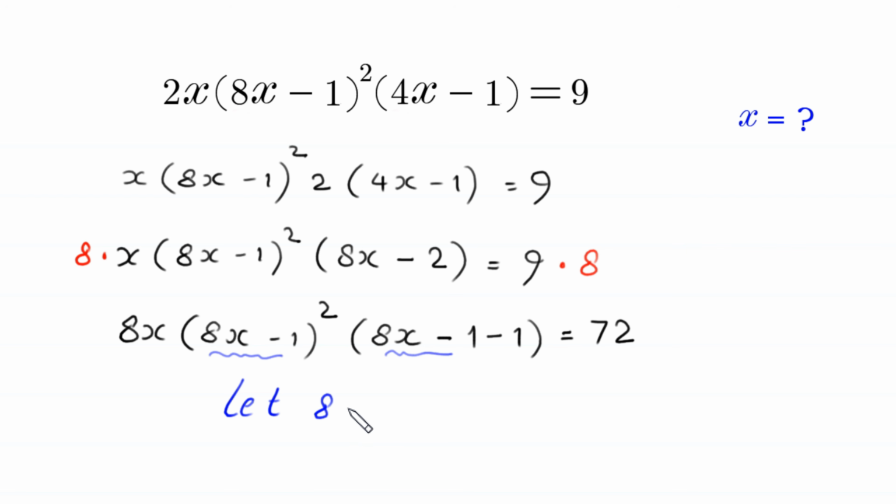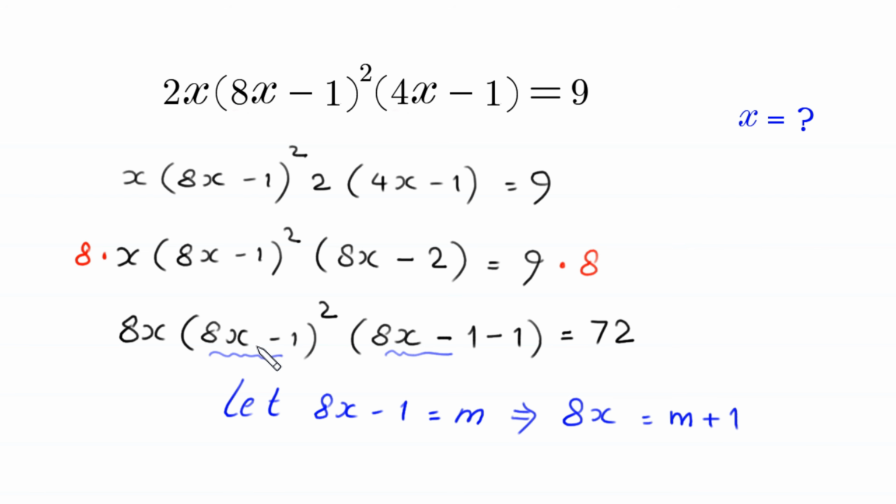Let 8x minus 1 is equal to m. And if we move this negative 1 to the right hand side, this implies that 8x is equal to m plus 1.